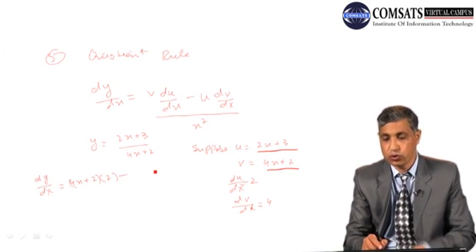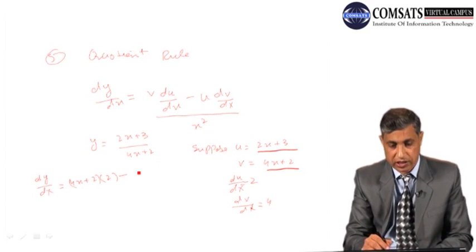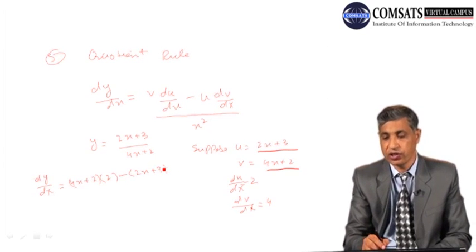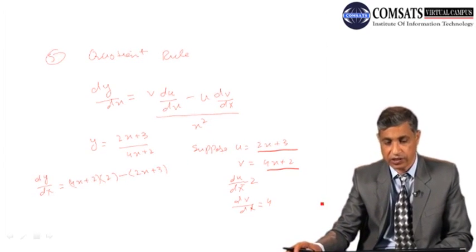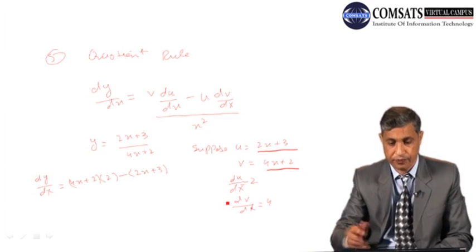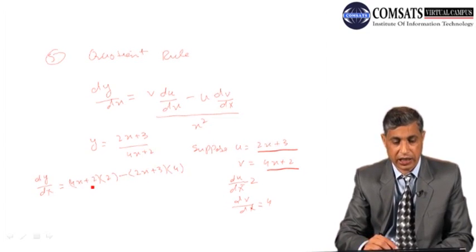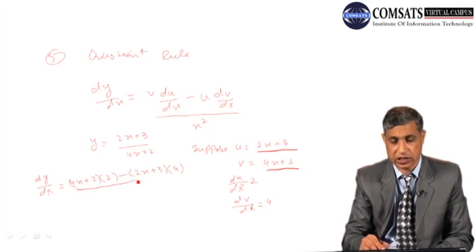Now I need the value of u. The value of u is 2x plus 3, and I multiply it with dv over dx, that is the value of 4 here. And I divide all this term by v square, and what is v square? 4x plus 2, this is v, and this is whole square.